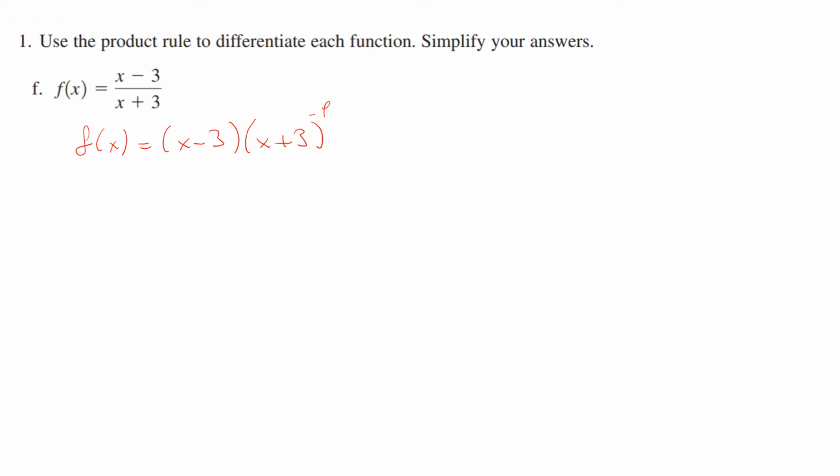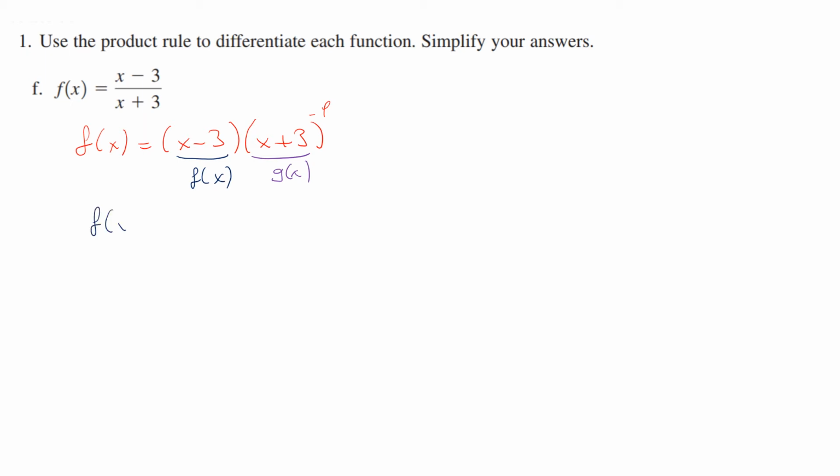So now I can apply the product rule, and I'm going to say this as my f(x), and I'm going to say this as my g(x). So when I do that, I can actually apply the product rule now.